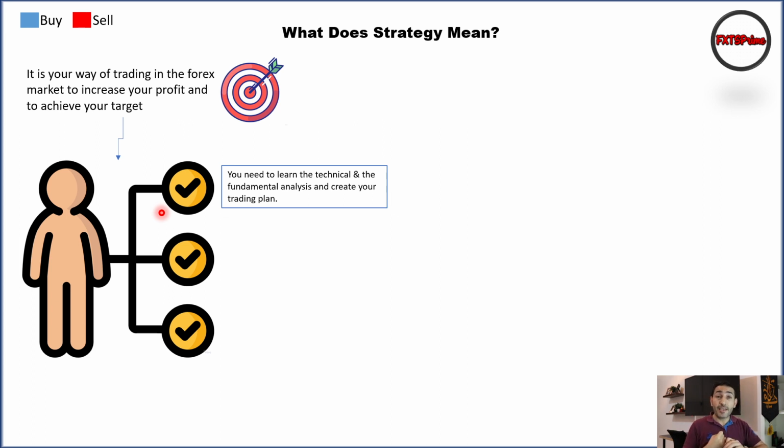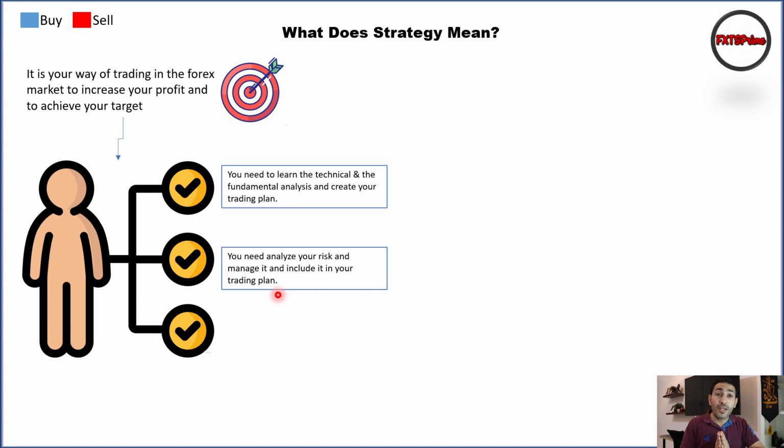Before starting your strategy, you need to learn fundamental and technical analysis. If you don't learn them, your strategy will fail, because that is the baseline, the foundation for trading Forex.